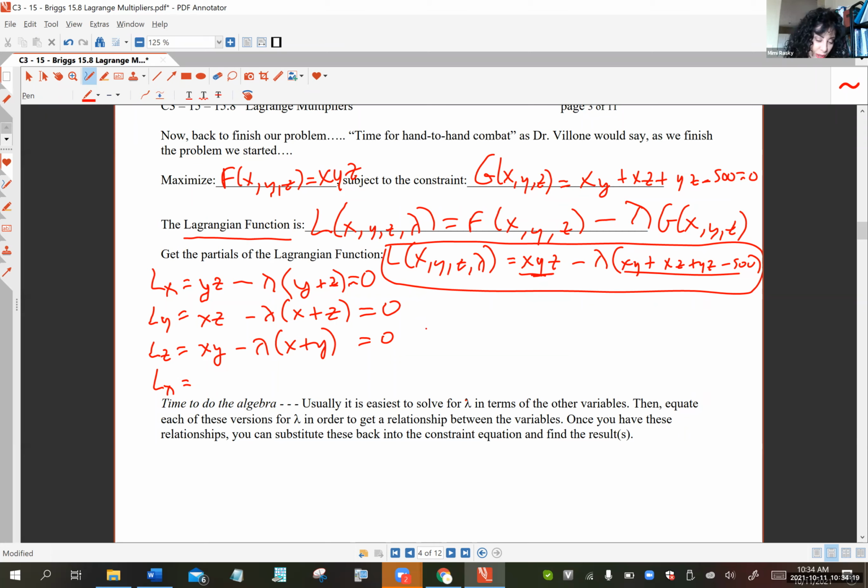And then you have a minus, and the derivative of that last big term with respect to lambda is just everything you see inside the parentheses. Then you set that equal to 0. And I claim if you multiply both sides by -1, this is really the same as the constraint.